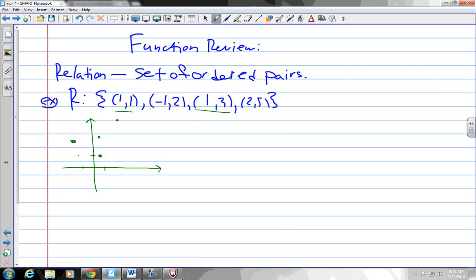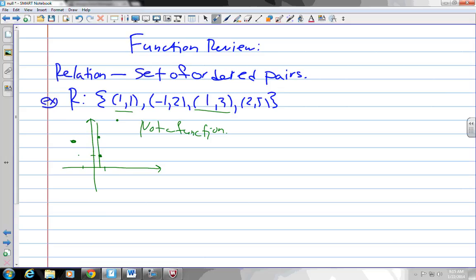So this is what we mean by the vertical line. So it kind of breaks down here. So it's not a function. But I can still talk about the domain and the range of this relation, just like we'll be talking about domain and the range of functions.